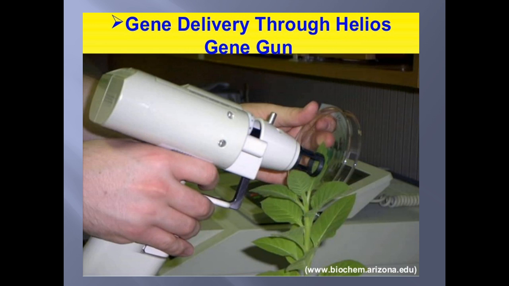On the Petri plate, the tissue or the plant into which you want to transfer your gene is kept, and against the leaf, using the gene gun, the tungsten and gold particles coated with the desired gene are shot against the plant tissue into which the gene can be inserted. This is how the particle bombardment, or the ballistic or particle gene gun method, is done.